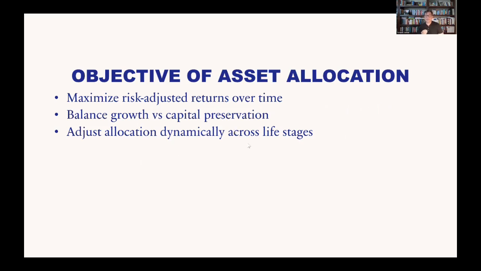The objective of asset allocation is to really maximize your returns on a risk-adjusted basis over time. So you want to get a maximum return, but under as little risk as possible. You want that ratio to be high, where the return is high, but the actual risk associated with that return is very low, and that gives you a very high ratio.